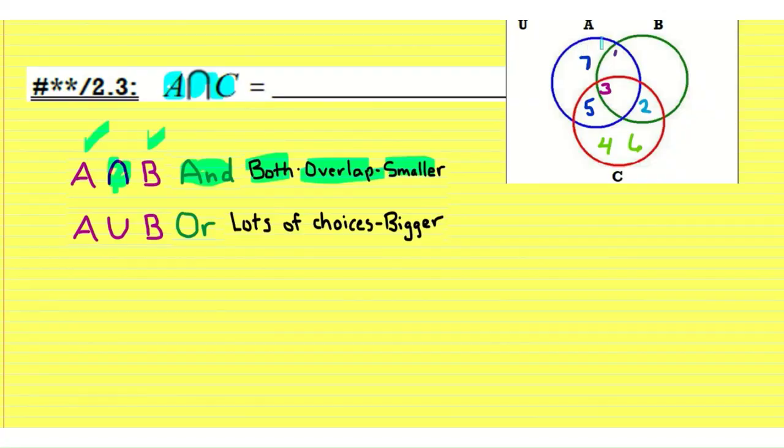So we are going to look in circle A and circle C, and then find the overlap. Where is the overlap between the two? The overlap is this area right here. So the set that satisfies A intersected with C is going to be the set containing the elements 5 and 3. Or you can say 3 and 5. It doesn't matter which order our elements are in. So 5 and 3 is the right answer.